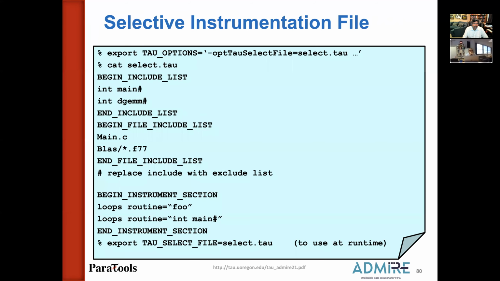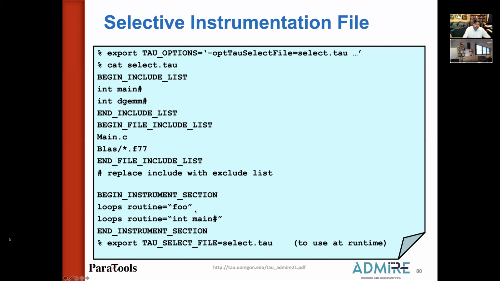You can also specify in the TAU options optional parameters, like here is how you create a filter file or a selective instrumentation file. In the selective instrumentation file, you can specify the include list for functions or files. A hash in the name of a function can match a wildcard. So here you'll match a function called int dgemm56.